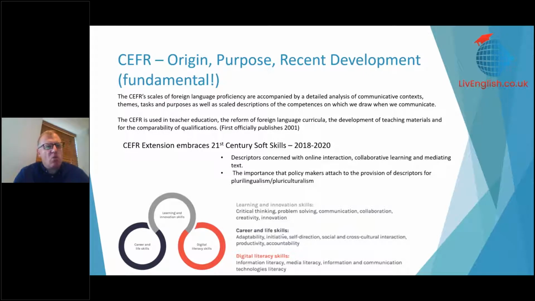So what the CEFR has done is create a vast database, again in bands A1 to C2, of how people can showcase those skills. So beyond the original remit, which was really about written skills, spoken skills in a very traditional way, where grammar is quite important, vocabulary is still quite important.